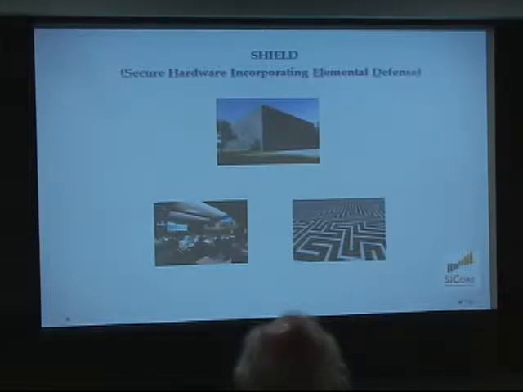Essentially, we said the first thing we need to do is to build a protected enclave from which we can operate that the adversary cannot get at, so that our defensive software can't be corrupted. So it is this protected enclave, protected from both logical and physical attacks.